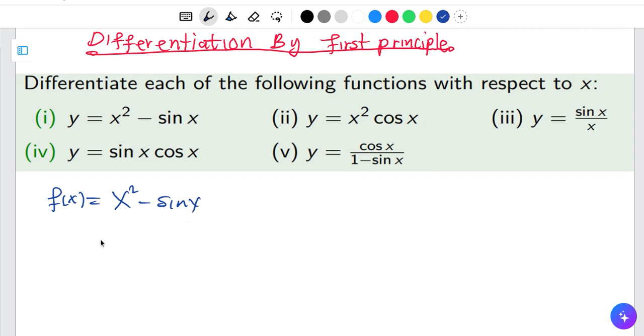So this one is a difference rule that we are going to use for us to answer this one. So we are finding the dy dx, or we are finding the f prime, and this one is going to be equal to the dy dx of this one, that is just 2x, then the derivative of sine itself, this one here, it is cos.